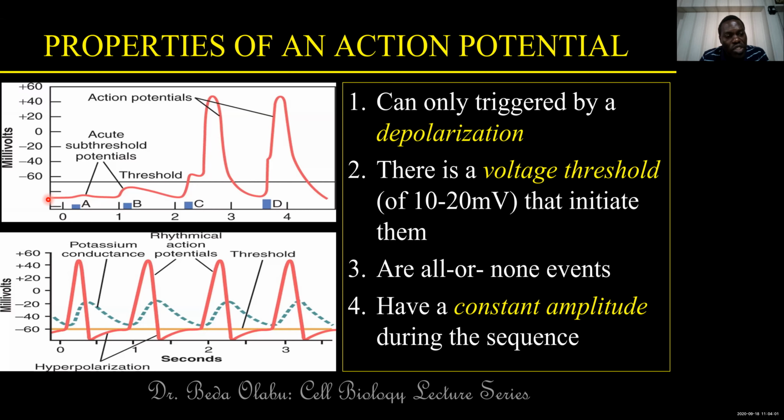If the resting potential was at negative 70 here, we expect the overshoot to reach positive 30, so that the amplitude is 100. If the resting potential was minus 90 here, we expect the other side to be at positive 10, so that we have an amplitude of 100. They have a constant amplitude, irrespective of the amount of the stimulus. So this is different from graded potentials.